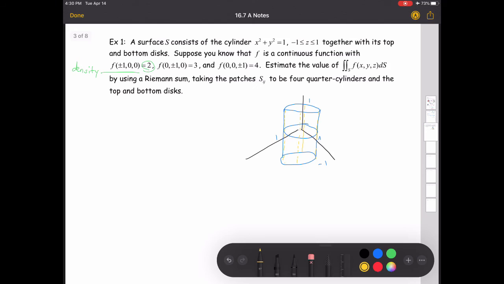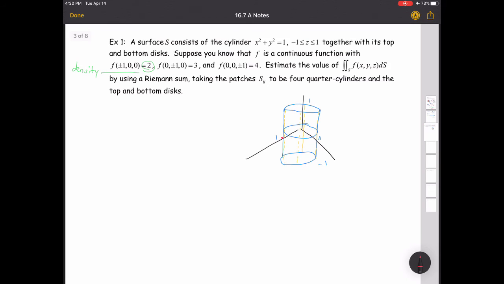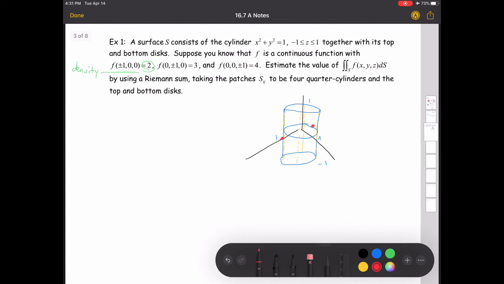They're telling us that at, for example, the points 1, 0, 0 and -1, 0, 0, we have some kind of a density or something like that of 2. So right here we've got a 2, and then back on the other side, we've got a density of 2. And then at positive and -1 for the y-axis, we've got a density of 3.